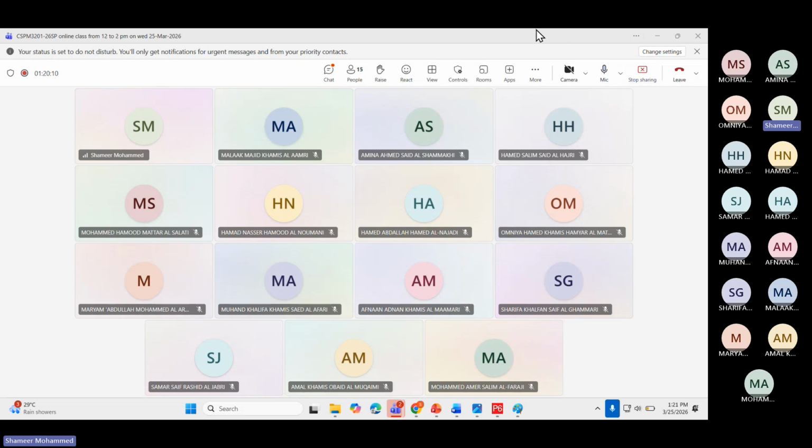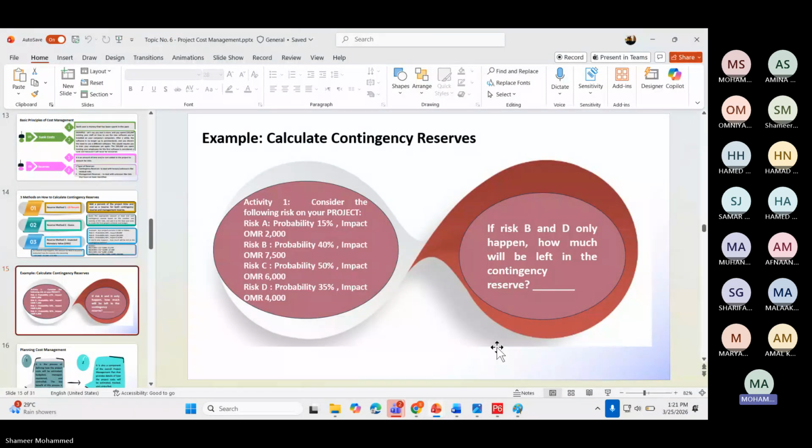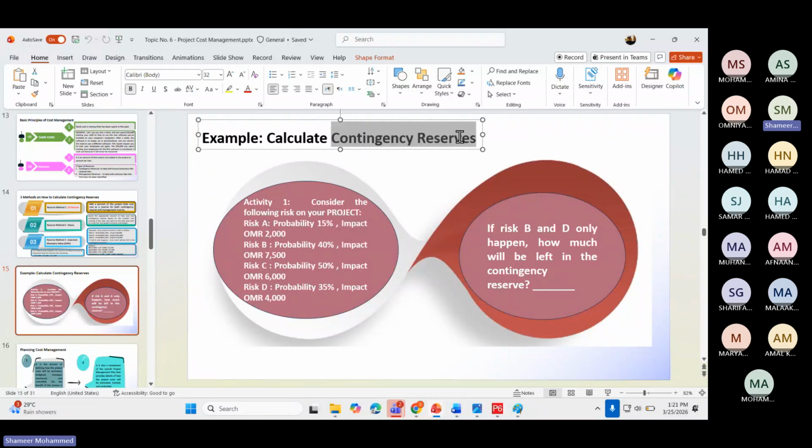Yes, students, how much did you say? 7,700 minus B minus D after that, 1,600. So that is the only amount left in your project contingency reserve.